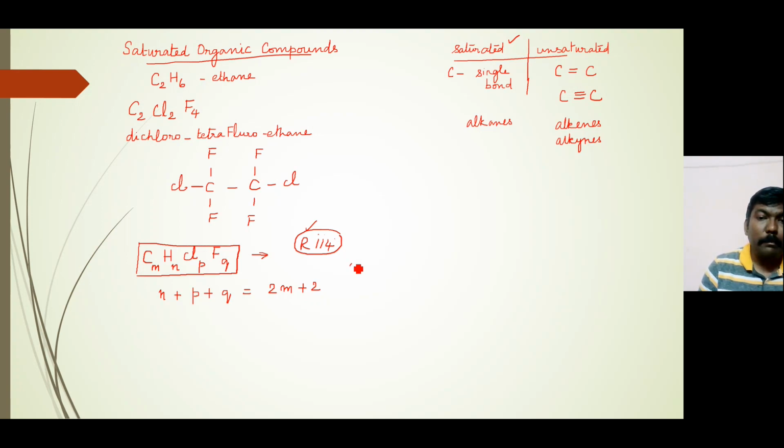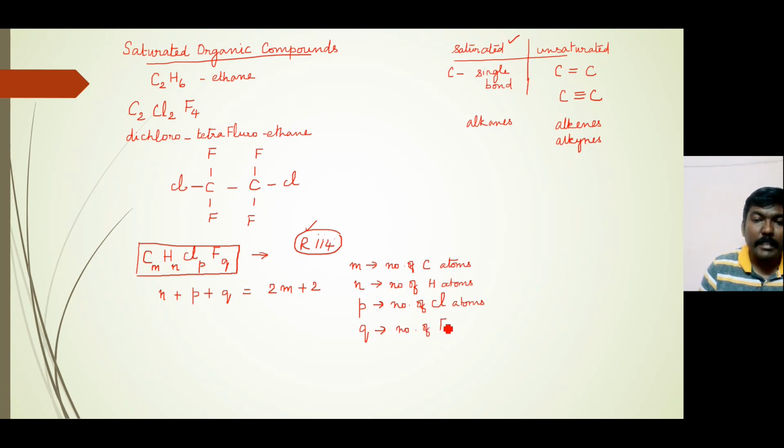So what is this m? m represents the number of carbon atoms, n represents the number of hydrogen atoms, p represents the number of chlorine atoms, and q represents the number of fluorine atoms.